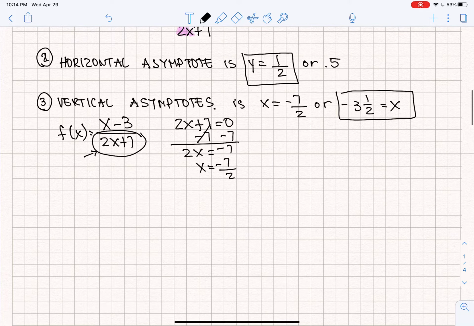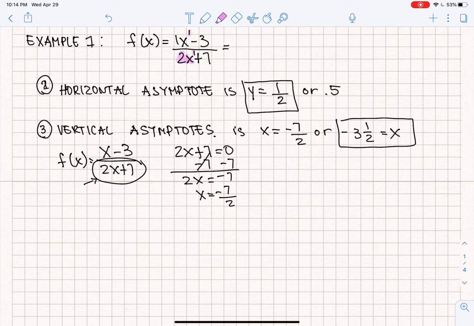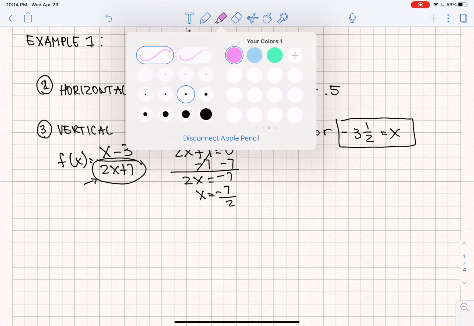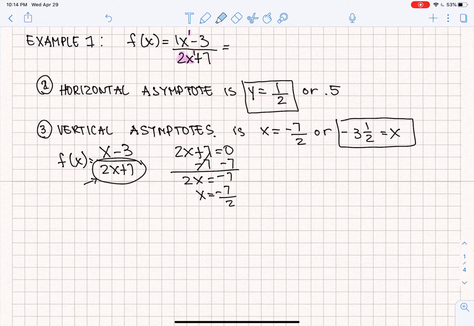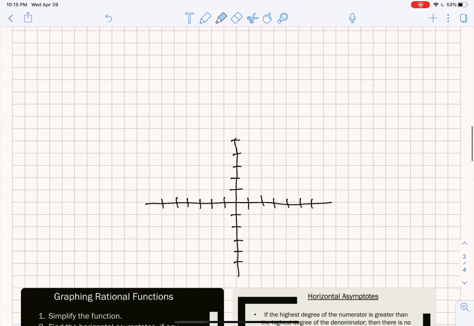A horizontal asymptote would be, I'm going to do this in blue. We're doing y equals 1/2. This is 1, so 1/2 would be here.